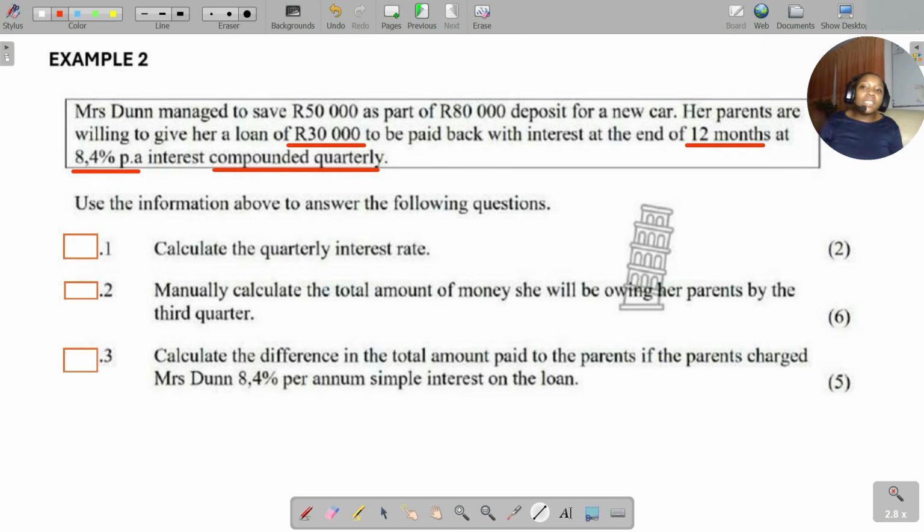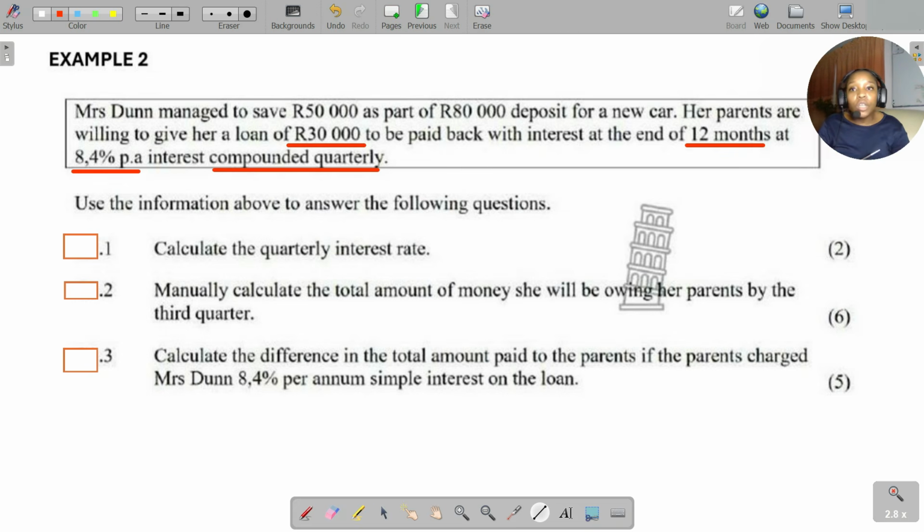The maximum interest rate per year is 8.4%, but the interest on the amount that she has loaned from her parents is added every quarter. It's not just added once a year, but every quarter. That's what compounded quarterly means: interest on the amount she's borrowed is added every quarter.